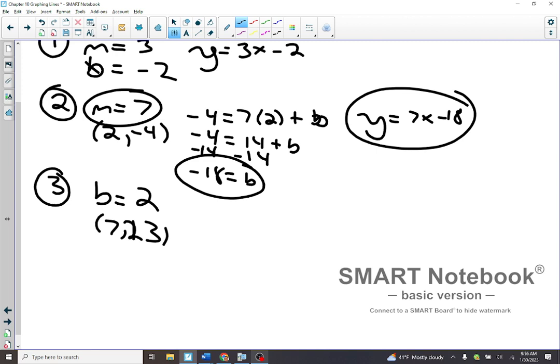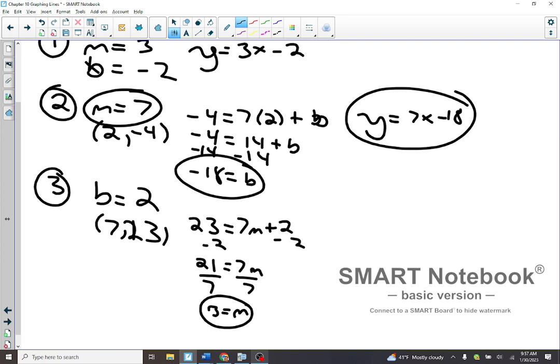So in this case, I have b, not m. 23 equals, I don't know what m is, so I'm going to leave it as a variable, 7m plus 2. Minus 2 on both sides: 21 equals 7m. Divide by 7 on both sides: 3 equals m. So then y equals 3x plus 2.